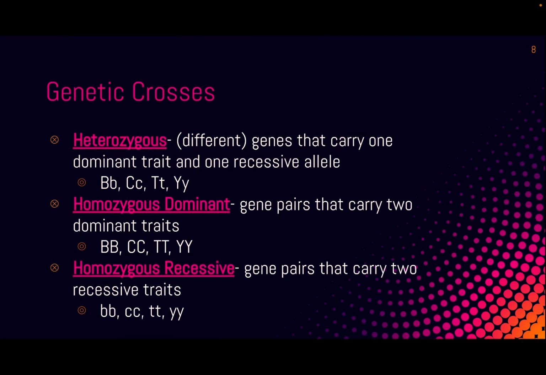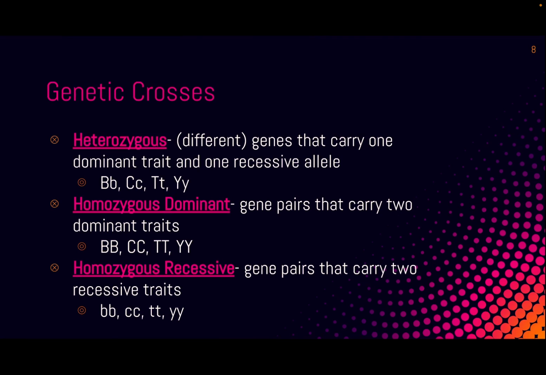So there you have the option of being heterozygous, which is different genes where you carry one dominant trait and one recessive allele. So you have both the dominant allele and the recessive allele. So this would be like big B, little b, big C, little c, big T, little t, big Y, little y.